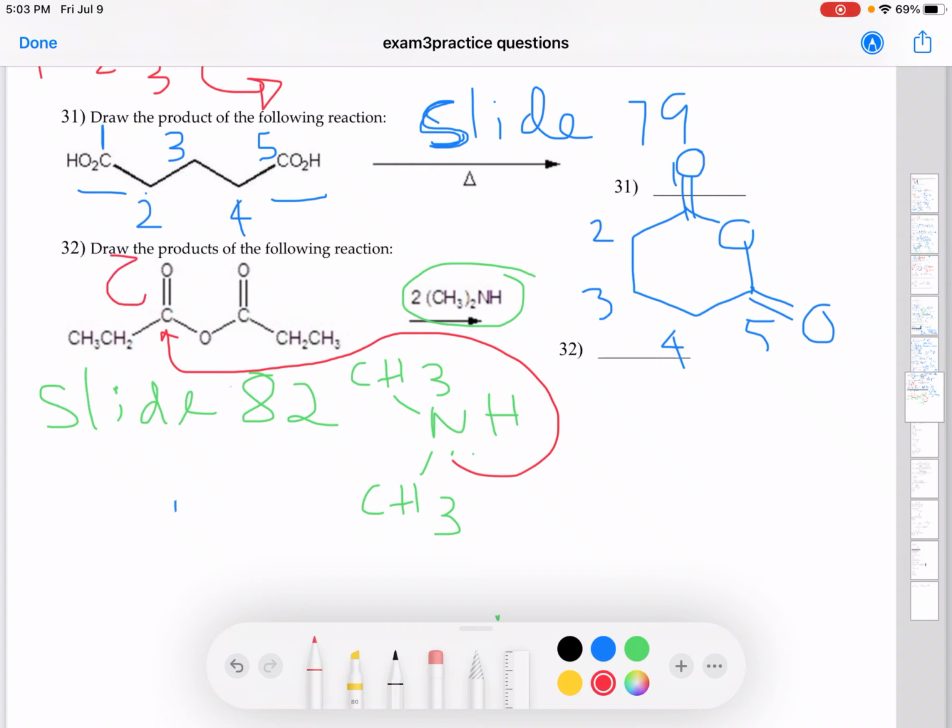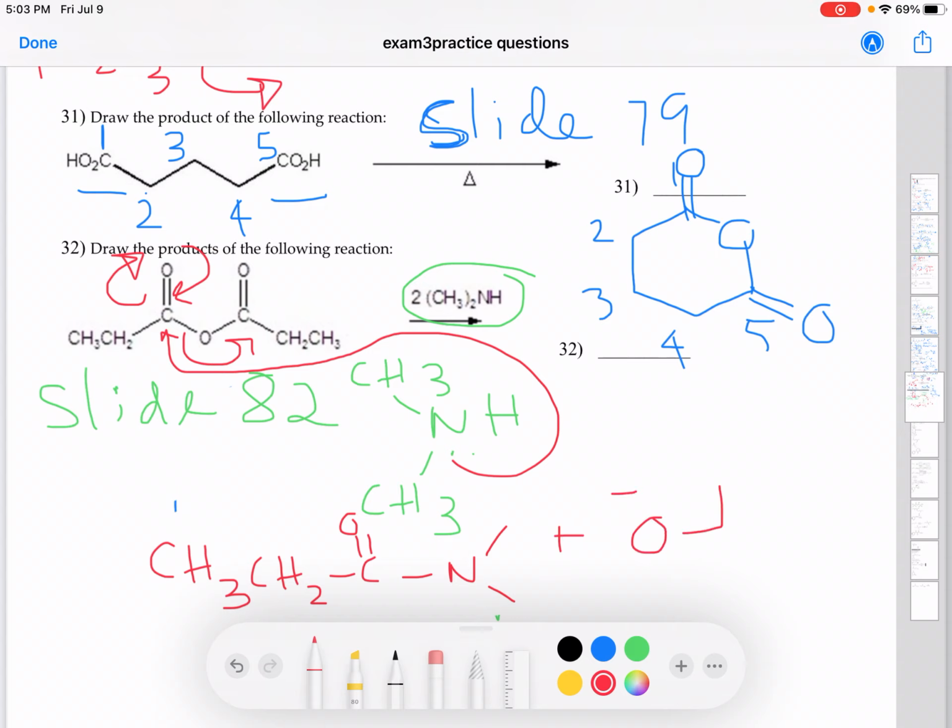The carbon-oxygen bond will open up, this will reform, and it leaves this part. So you will create something like this: CH3CH2CON(CH3)CH3, plus from the other side you will have O minus, COCH2CH3. And then you have another equivalent.